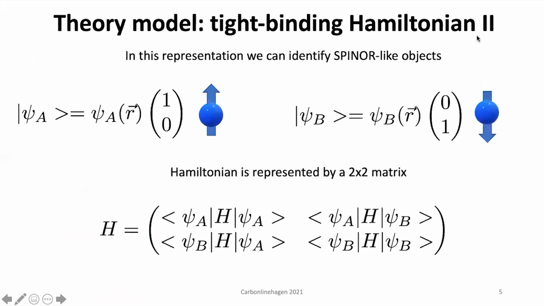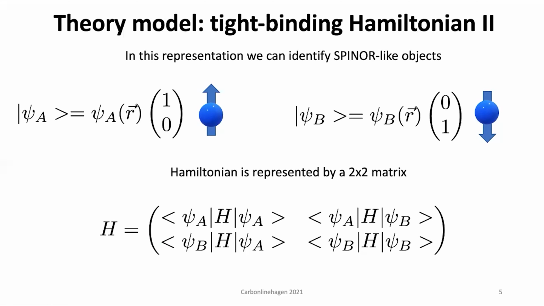Now, this description is very intuitive because it allows us to think about a spatial term in this vector that describes the wave function of the electrons living in sublattice A, let's say, on atoms of type A. And to indicate that they are type A, we introduce the notation that we use for spin, although this is not real spin, okay? This is not a physical spin.